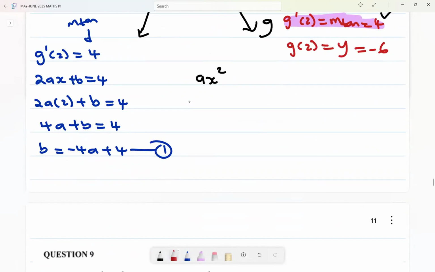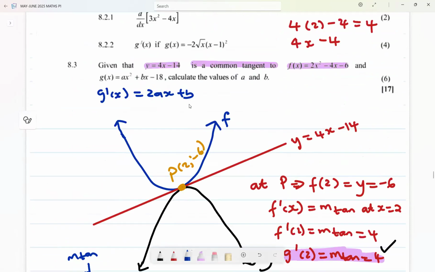Okay, so I will say g of 2 is equal to negative 6. What is g of 2? It's just the equation of g substituting x as 2.